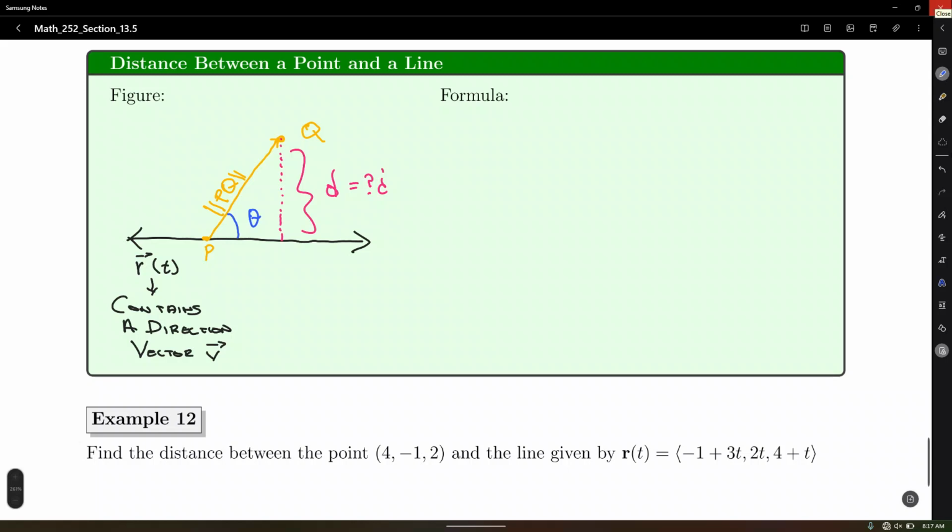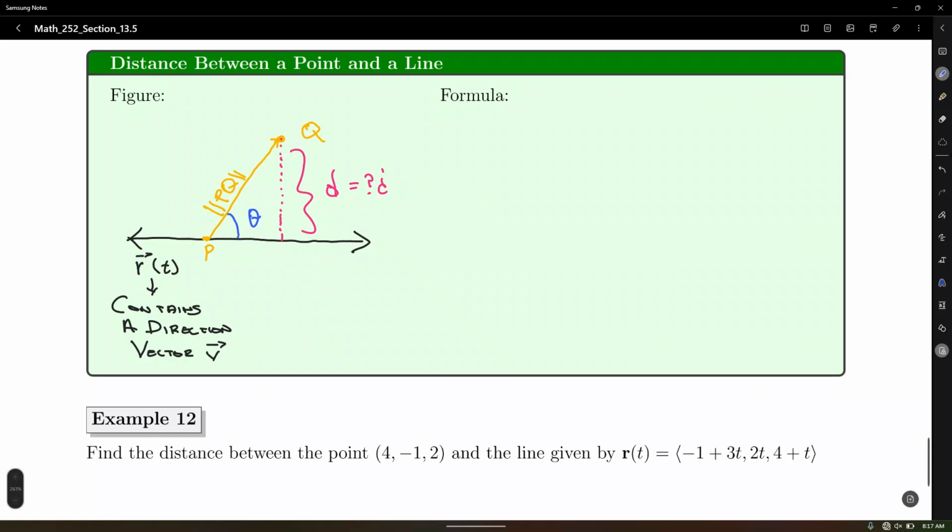So we want to know this distance. We can find out about the angle between the vector and the direction of the line, and we also know the magnitude of the vector.